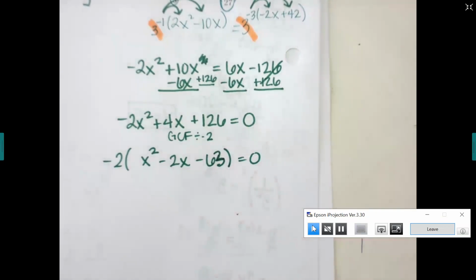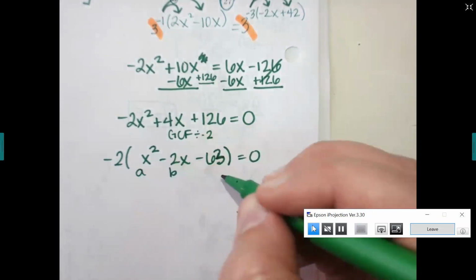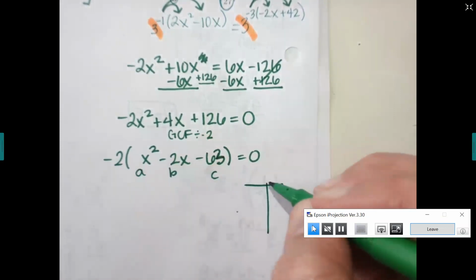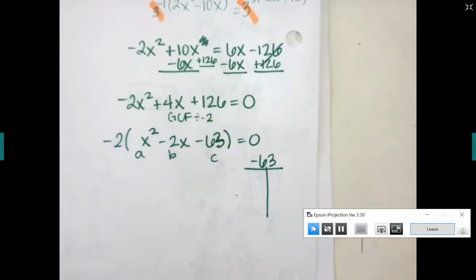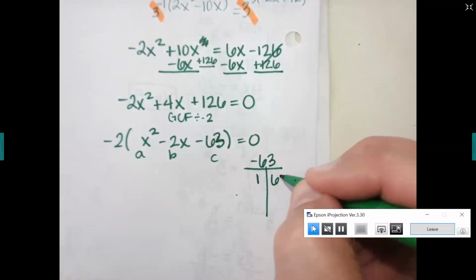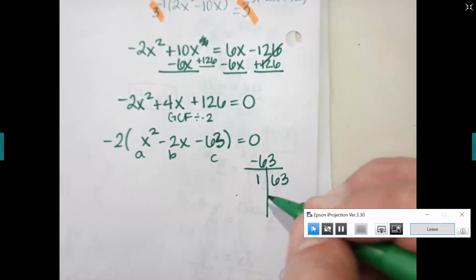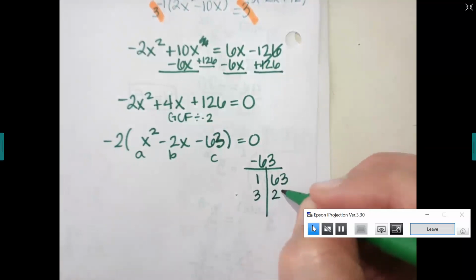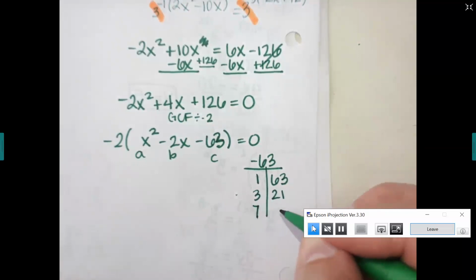Okay, from there, we're t-charting. What's our t-chart number? A times C. 63. Thank you, negative 63. And then can anyone think of 2 numbers that times to 63? 1 and 63. 2 won't go. 3 times 21. 4 won't go, 5 won't go, 6 won't go, 7 times 9.